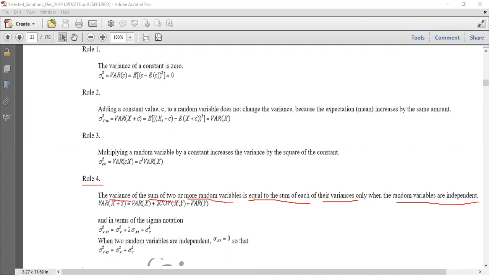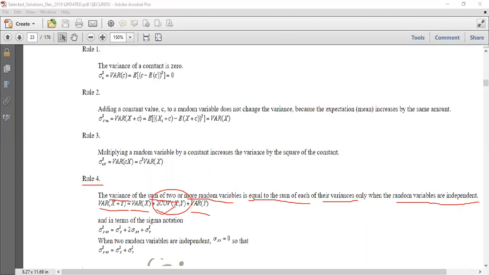So we only take their variances if they are independent. If they are dependent, then we have to take the covariance also. As we took in our question, 2ab covariance of x and y, similarly here the variance of x plus y is equal to variance of x plus variance of y plus 2 covariance of x and y.